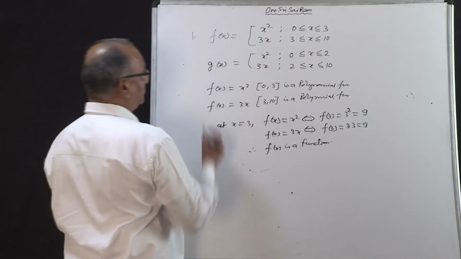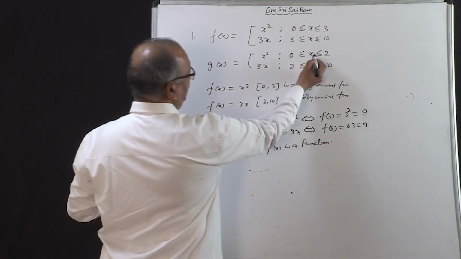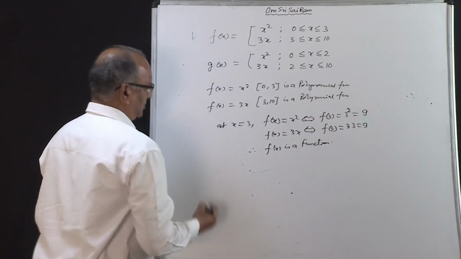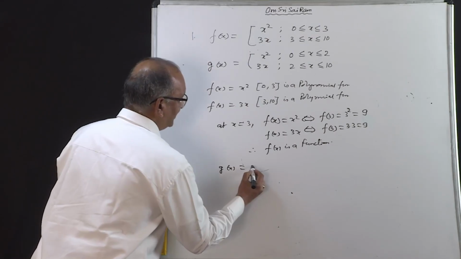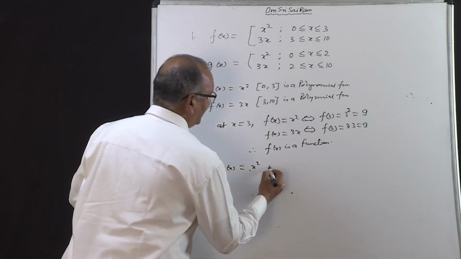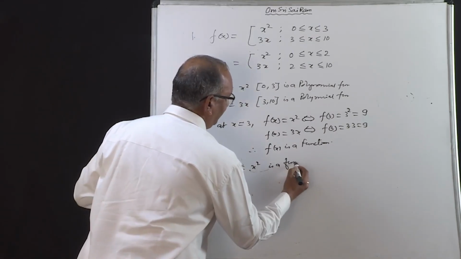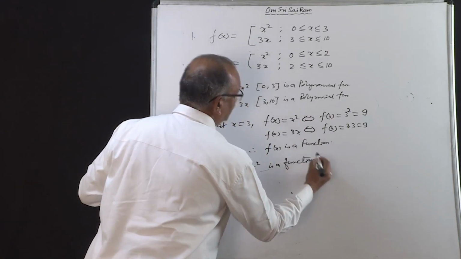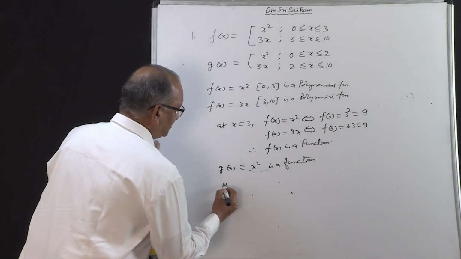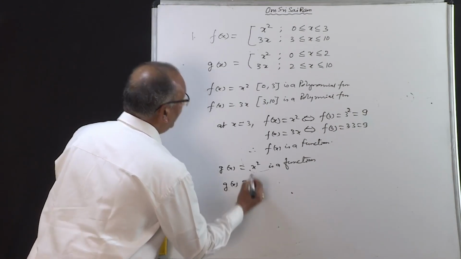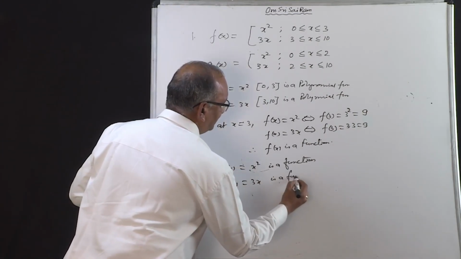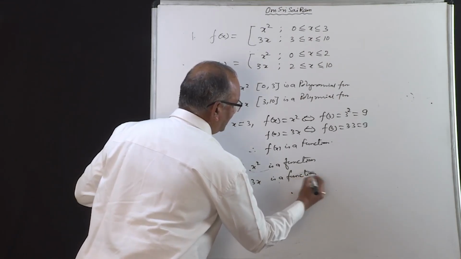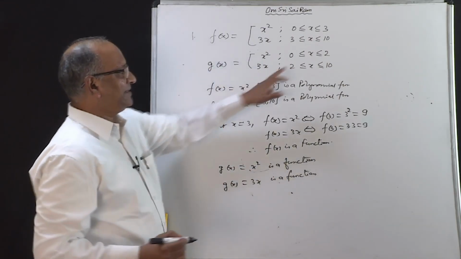Now whereas we come to g(x), here also it is changing at 2. So we can say that g(x) equal to x square is a function. Independently it is a function, there is no doubt. Similarly, g(x) equal to 3x is a function because both are polynomial functions. But the interval is changing at 2.